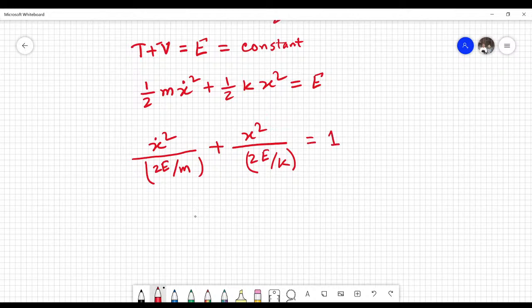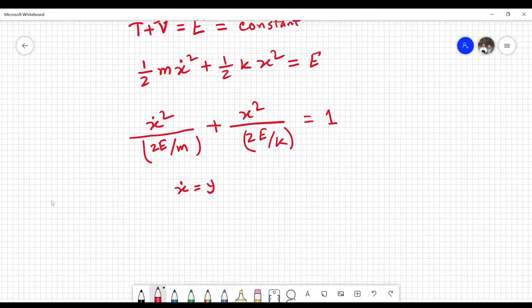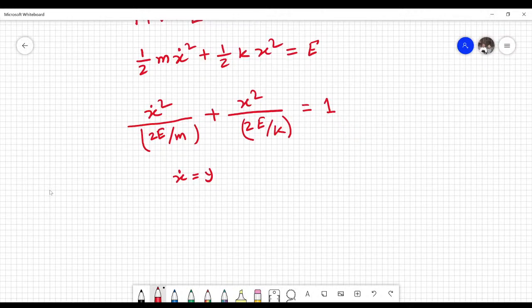Now let's rename one of our variables. Here x dot is also a dynamical variable because it's the velocity that's changing over time. So we can write x dot equals y, which is just a renaming. We are talking about the same velocity variable but with a different name.